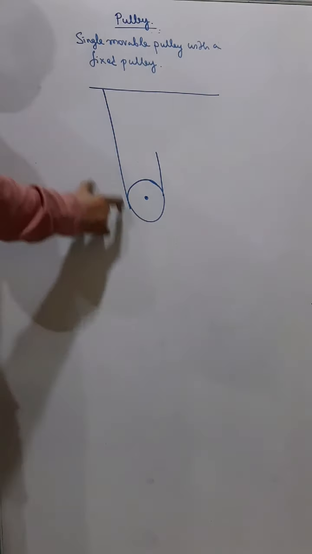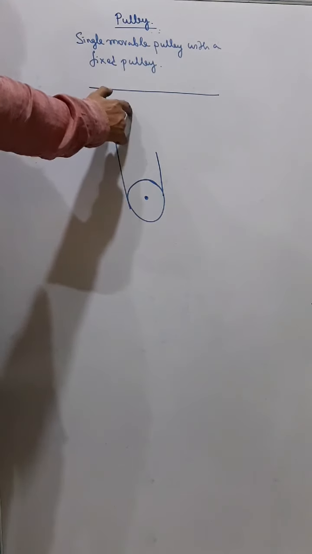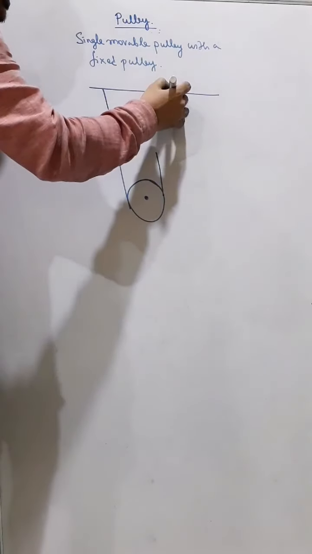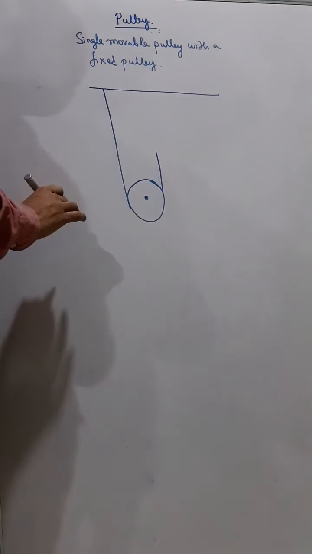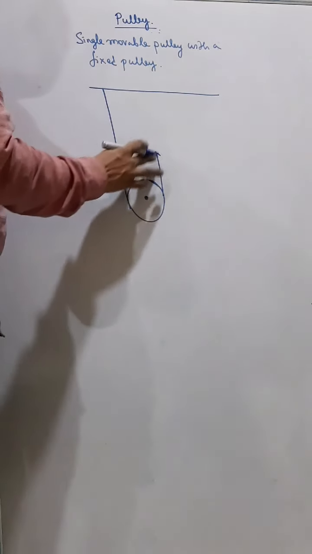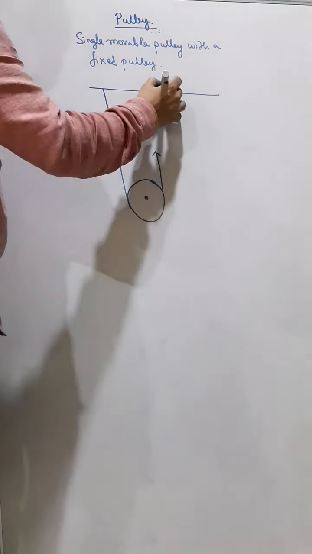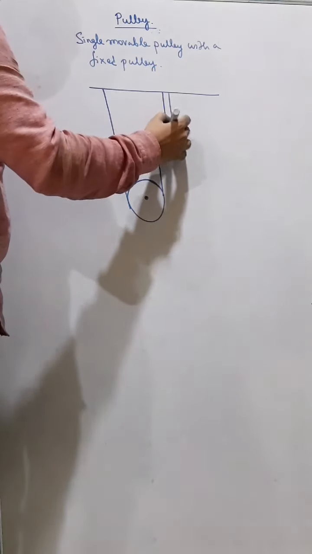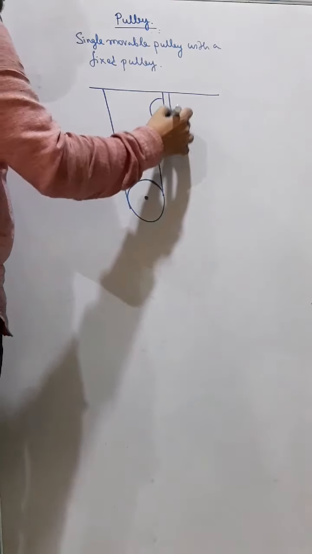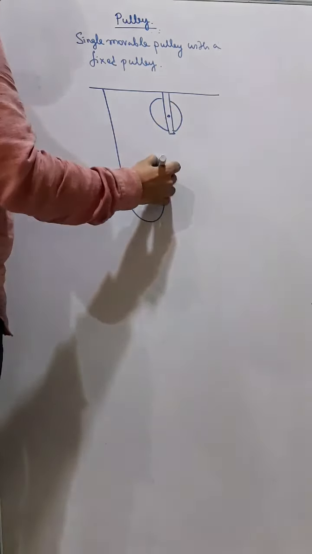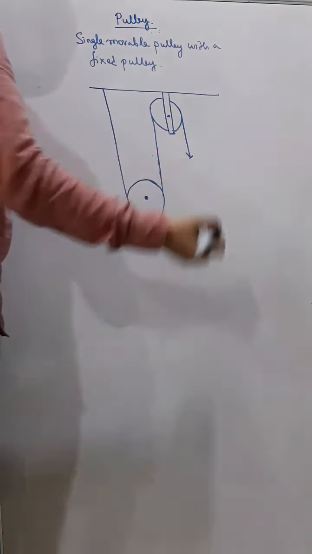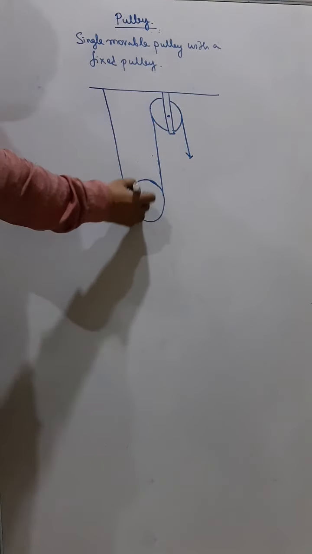Now in a single movable pulley, if I add a fixed pulley, then that inconvenience is eliminated. You can understand? So instead of directly applying our effort in this way, if I use a fixed pulley here and then turn the rope in this way, then my problem will be eliminated.